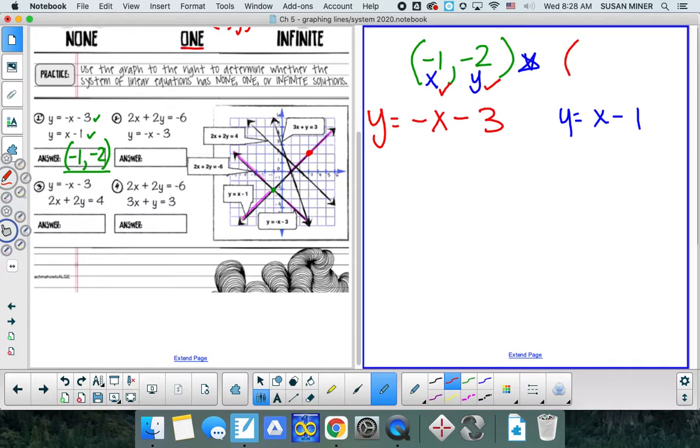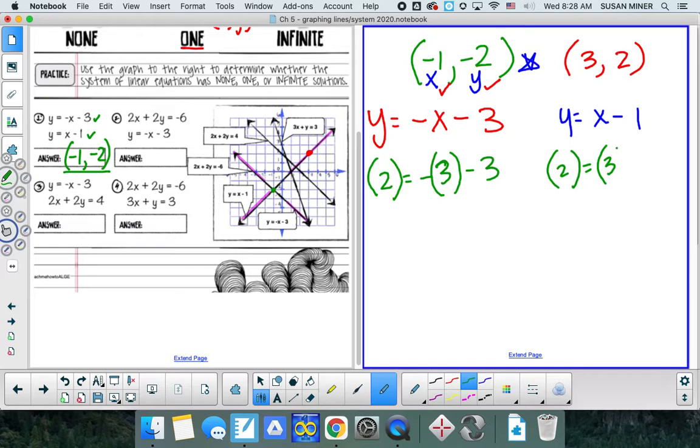That is where x is 3 and y is +2 this time. So I put my x and y values into those equations and solve.